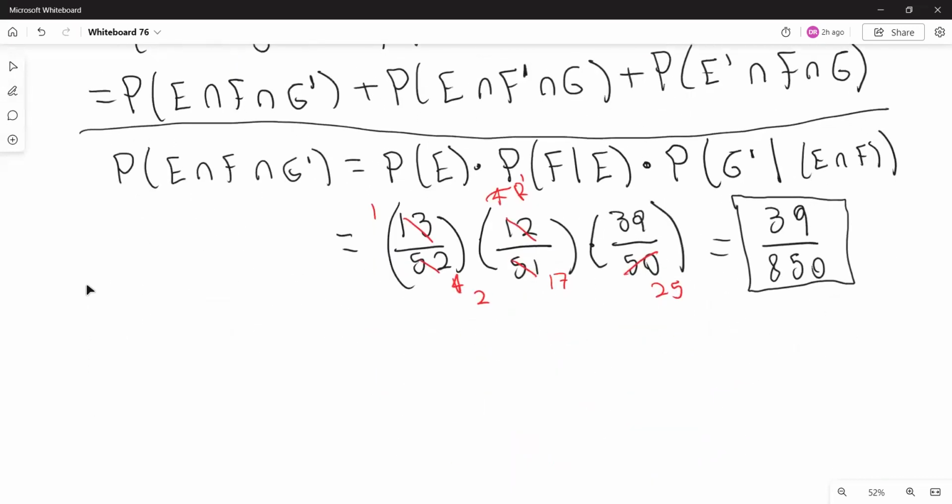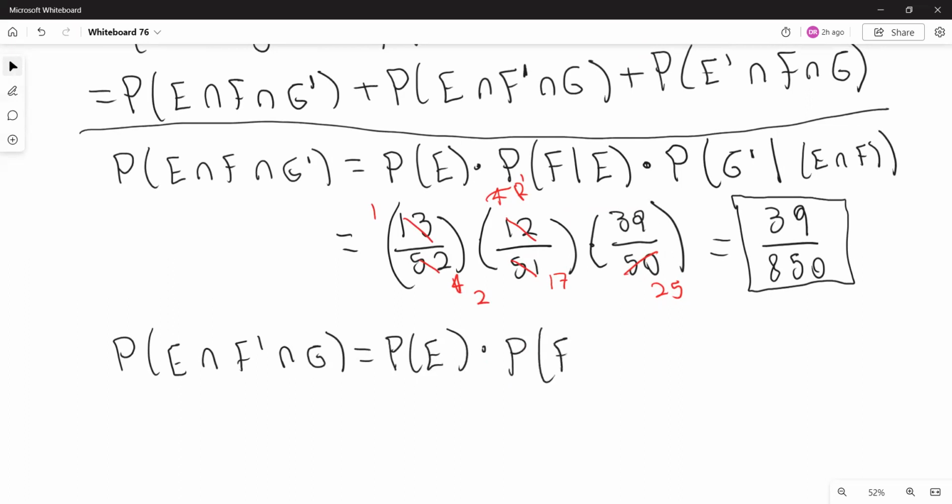So we have one. The probability that the first card is a heart, the second one is not a heart, and the third one is a heart is going to be the probability that the first card is a heart, times the probability that the second card is not a heart, given that the first one is a heart, times the probability that the third card is a heart, given that the first is a heart and the second one is not a heart. The probability that the first card is a heart is 13 over 52.